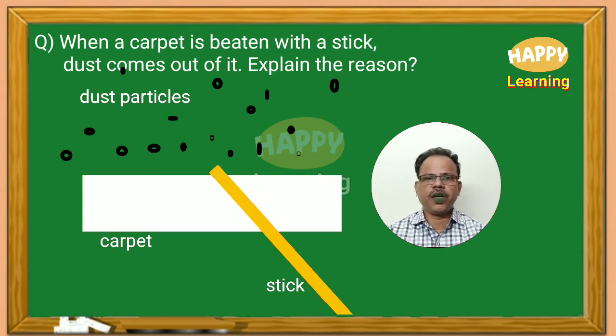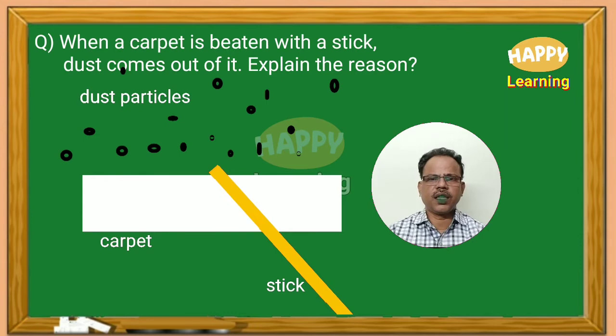When the carpet is beaten with a stick, the carpet gets compressed wherever the stroke is applied. Then, due to the property called static inertia, the dust particles try to remain at their position, whereas the carpet gets compressed.